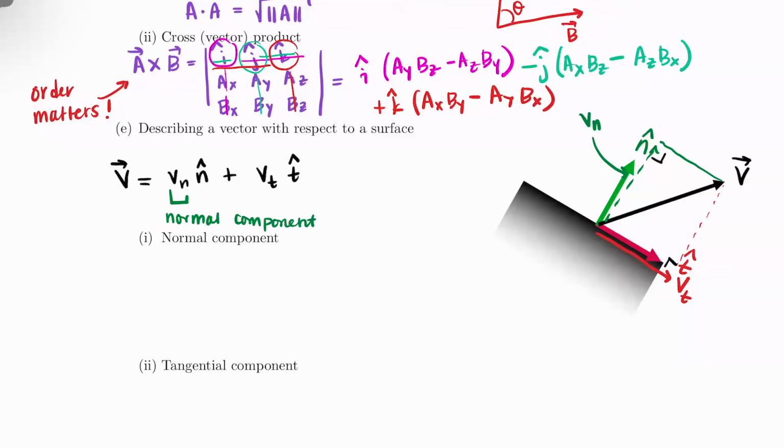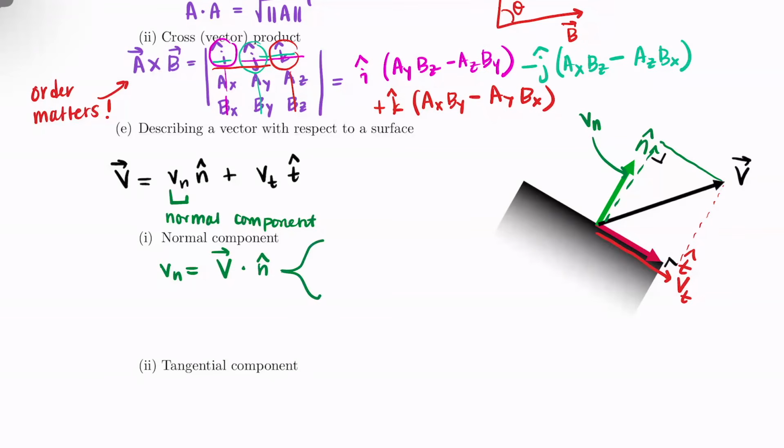And we can define our normal component as the following. So Vn is just our total velocity vector dotted with our unit normal n hat. Okay. One convention that we are going to be using all the time in this class is the following.